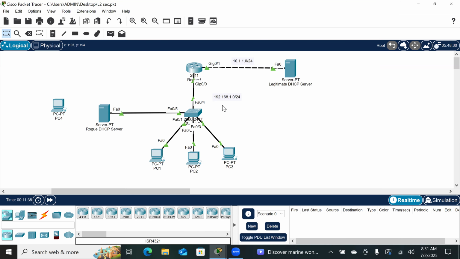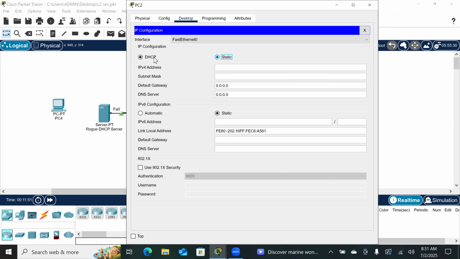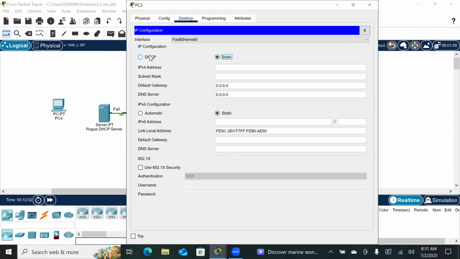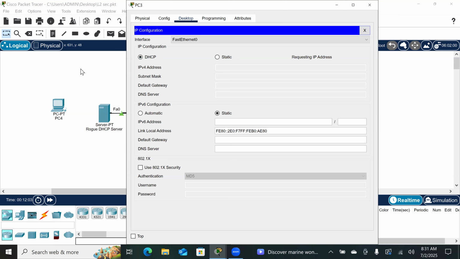That is the reason it is not able to get any offer messages, either from the rogue server or the legitimate server. So every PC assigns itself an APIPA, that is, Automatic Private IP Addressing. Here it will get 169.254, and on the last one also it is going to get 169.254.